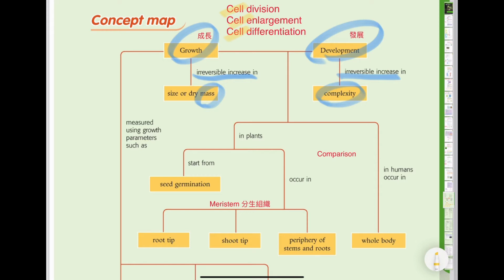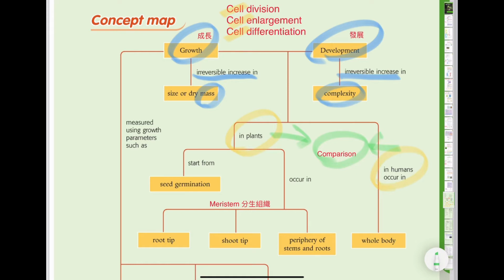And after that, we need to focus on growth and development in two different types of organisms, including plants and humans. After that, we need to do the comparison between plants and animals. Any similarity or any difference between plant growth and development and human growth and development?